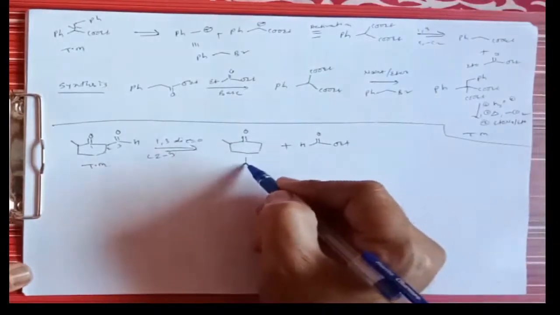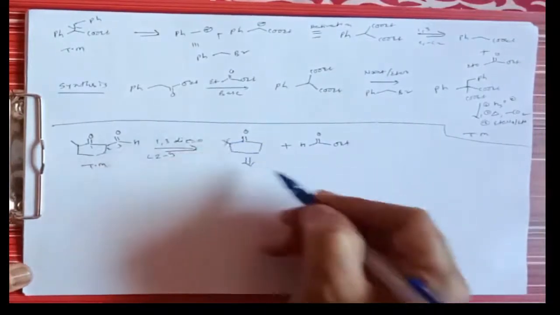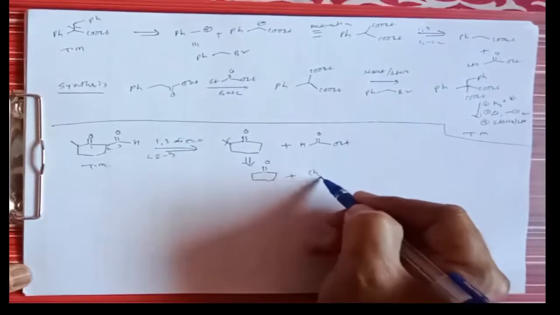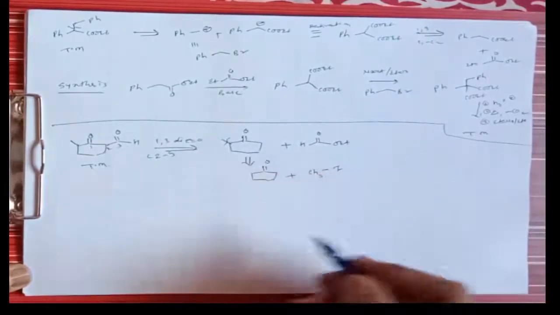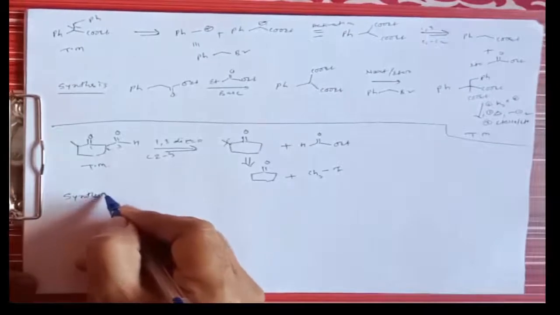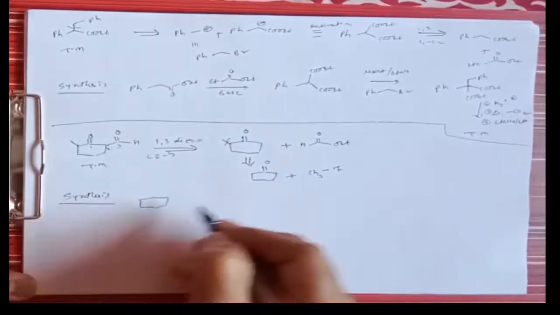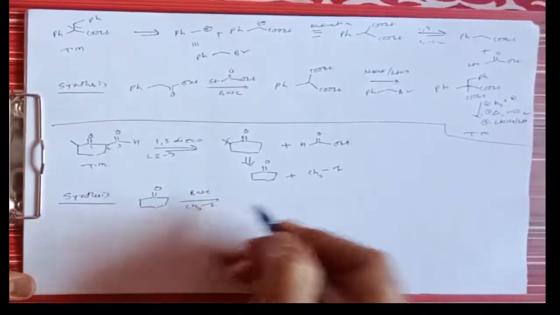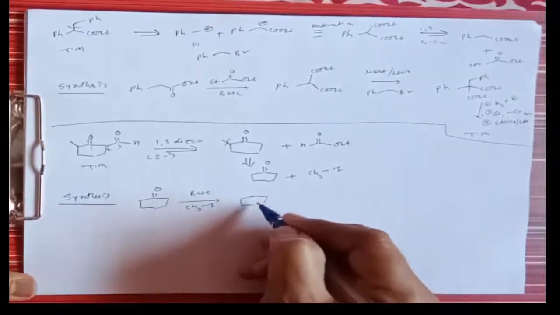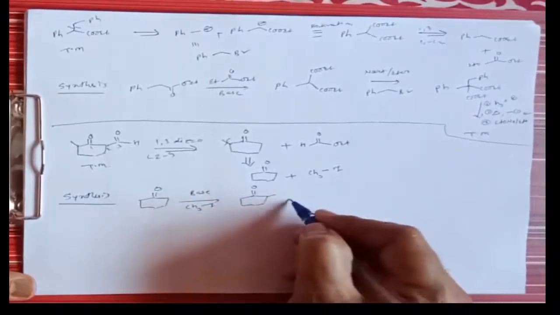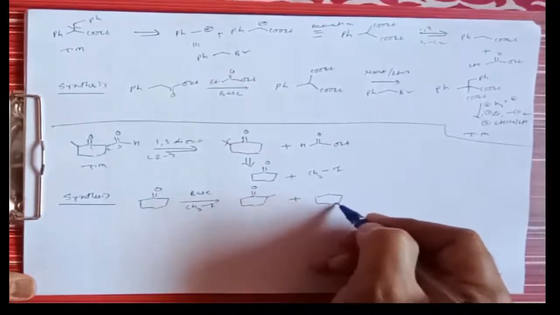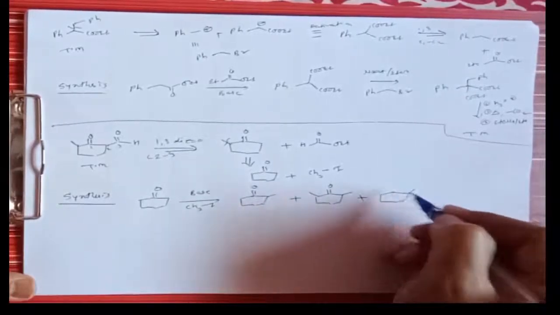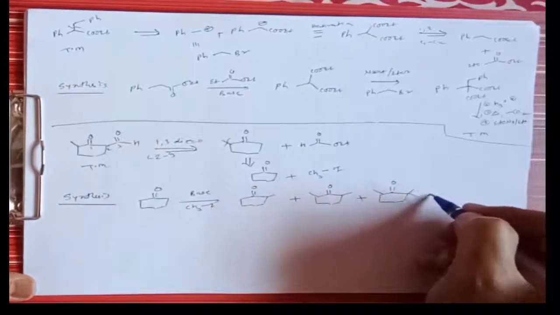But if you want to break this molecule at the side branching, it gives formation of cyclohexanone, along with methyl iodide or methyl bromide, right? But if you go for the synthesis, if you take the cyclohexanone in presence of a base and treat with methyl iodide, it gives formation of 2-methyl cyclohexanone, along with another molecule, that means it gives polyalkylation.